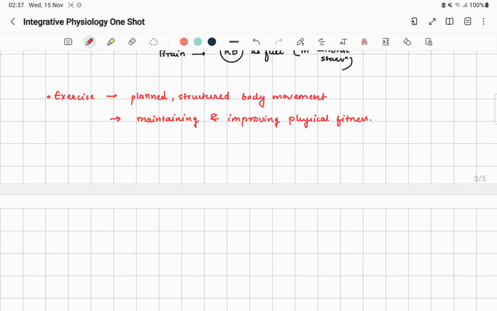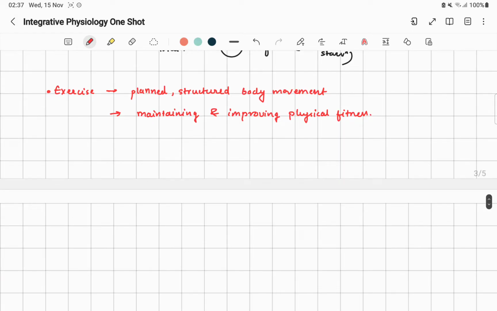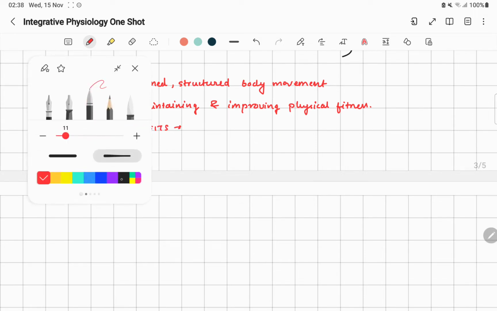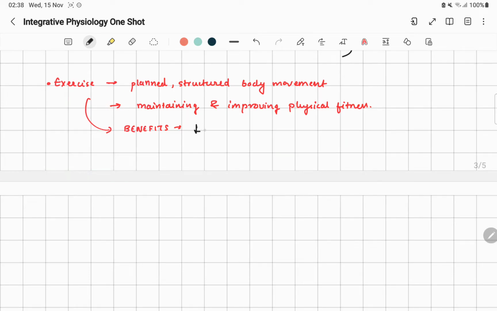What are the benefits of physical activity? There is a decreased risk of hypertension, diabetes mellitus, and strokes. It increases muscle mass, strength, and flexibility. In the endocrine system, it decreases insulin requirement.